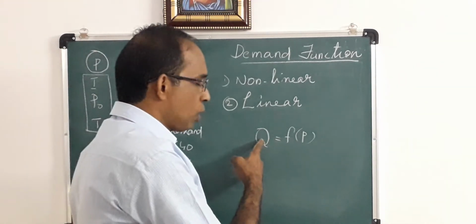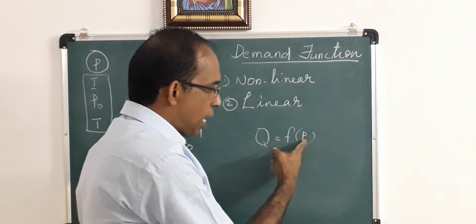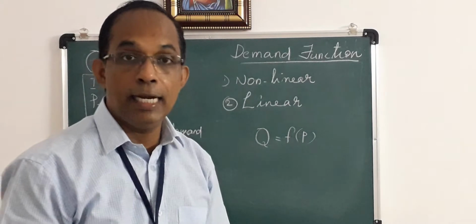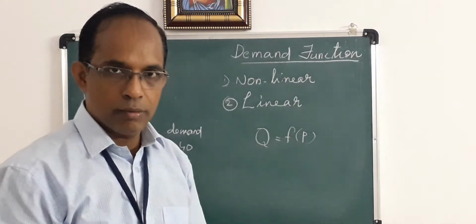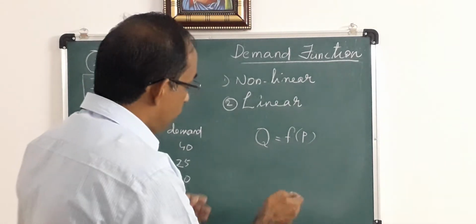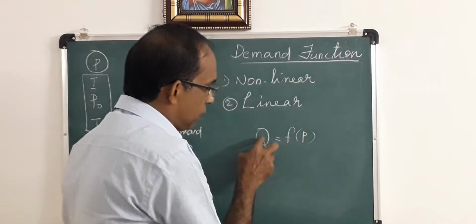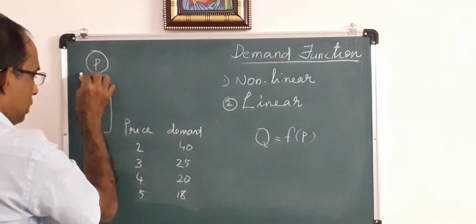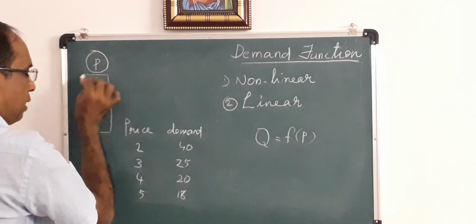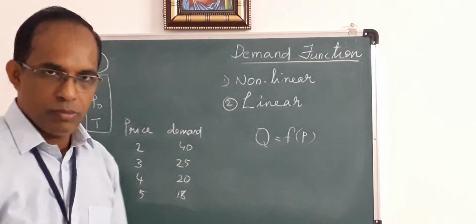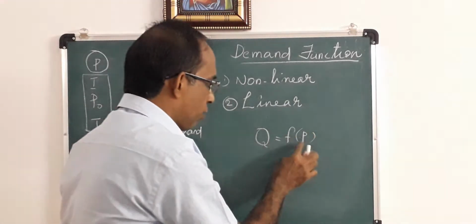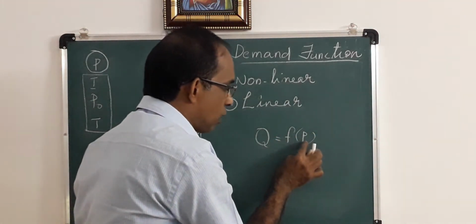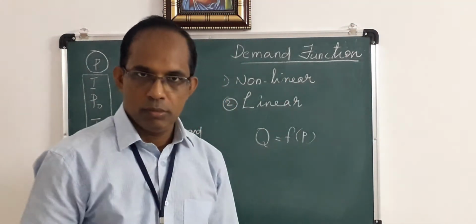So Q is called a dependent variable and price is called independent variable. Clear? Even though there are many factors affecting demand in economy or demand analysis, we consider all other non-price factors remain constant. So the factor affecting demand we consider only price.